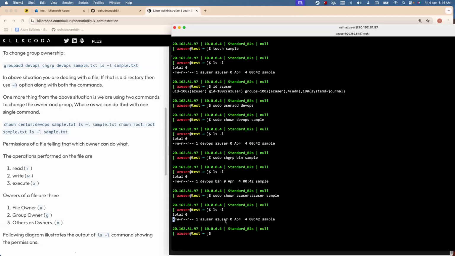After that, you have 9 characters. Those 9 characters will tell what the owner, group owner, or even someone else can do with this file.